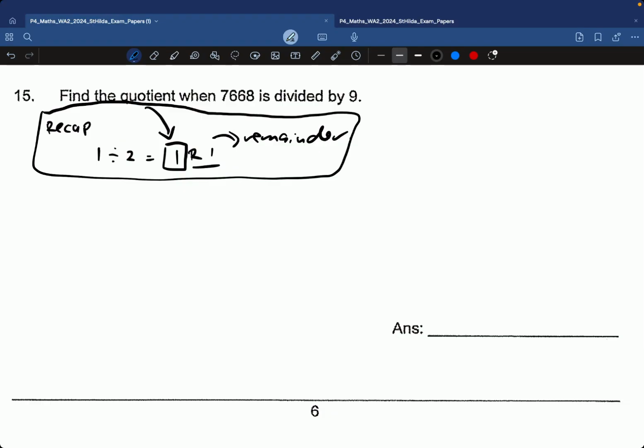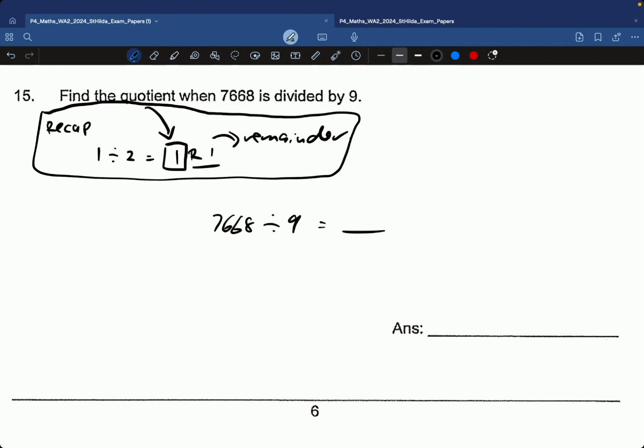Now what is 7668 divided by 9? What is the quotient? And honestly we don't really care about the remainder.